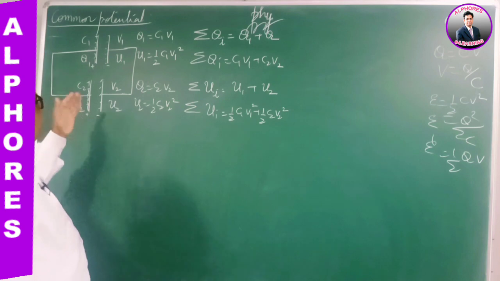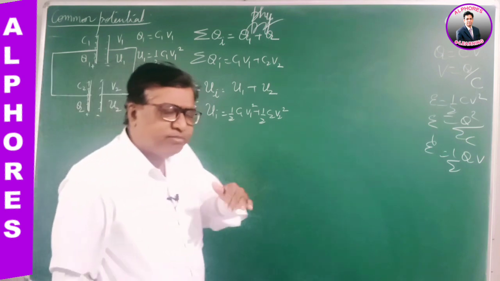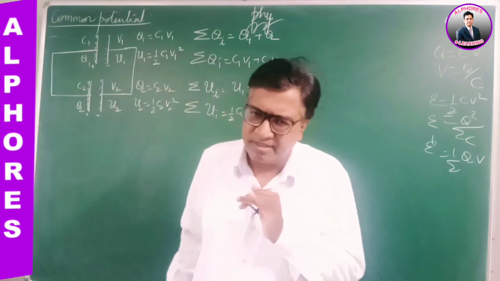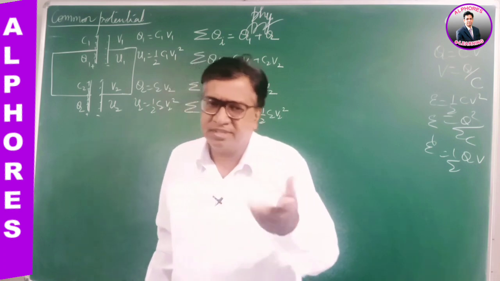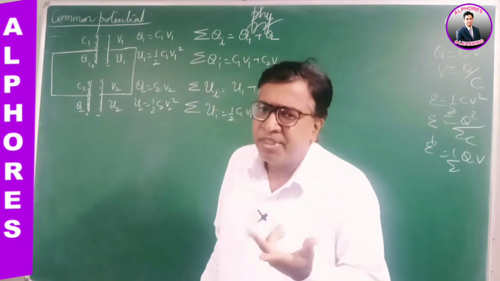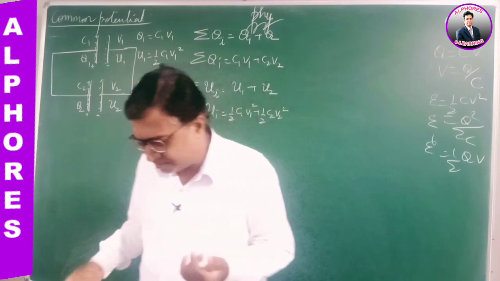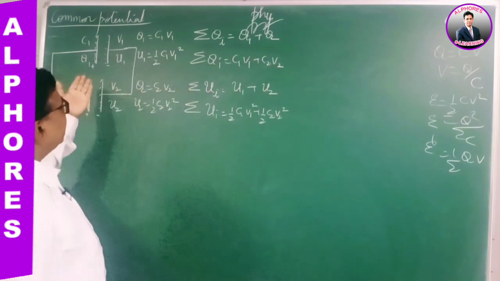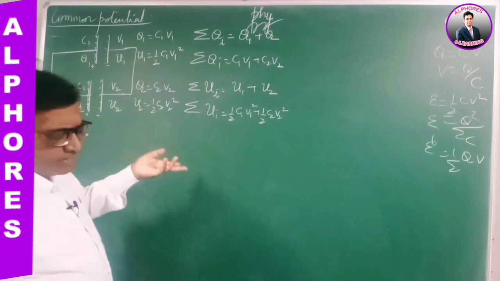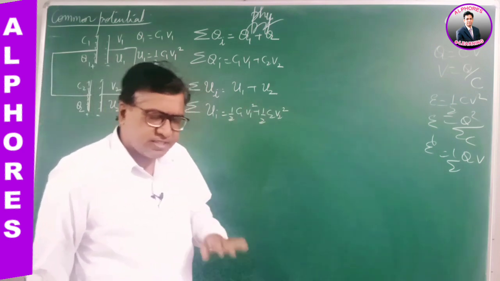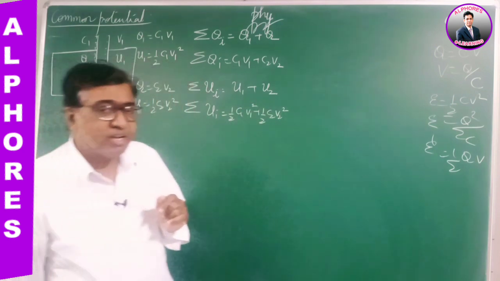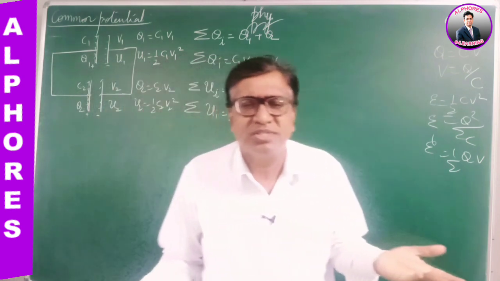Here I have charged the two capacitors to different potentials, from different sources. Hence the potentials are different. One is more, one is less. So it may be V1 greater than V2 or V2 greater than V1. Whichever one is bigger, the charge will flow from that to the smaller one. If both are of the same potential, no charge will flow.